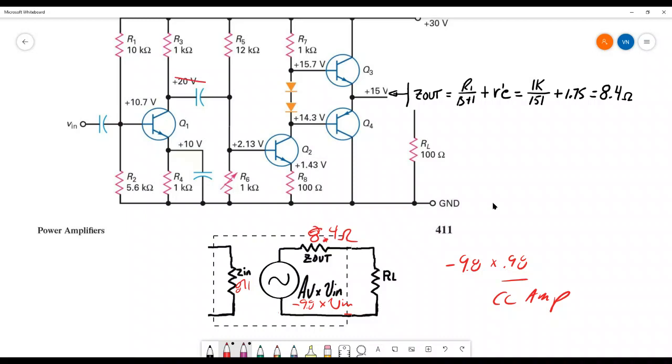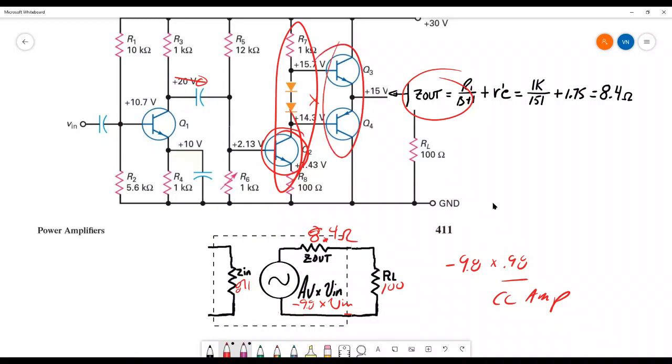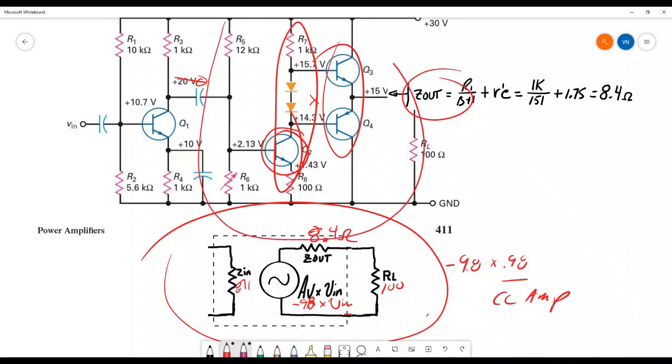I would look here and find Zin 871. I would look here and find Zout, and I would put that here at 8.4 ohms. And then for the gain, I would take the gain of this circuit and multiply it by the gain of this circuit and treat them as one dependent voltage source, and that would get me approximately minus 9.8. And this is your final model of this part here.